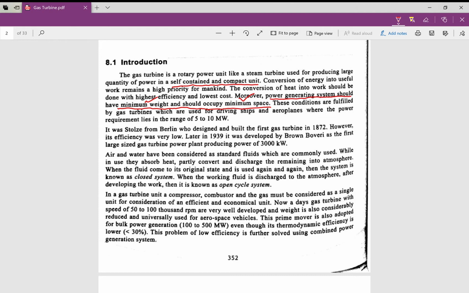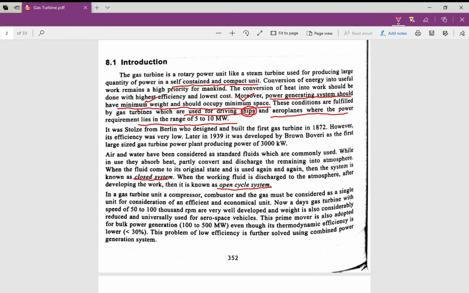This gas turbine is used for driving ships in marine purposes and aeroplanes, where the power requirements lie in the range of 5 to 10 megawatt. So, dear students, this gas turbine has two systems, closed system and open system.